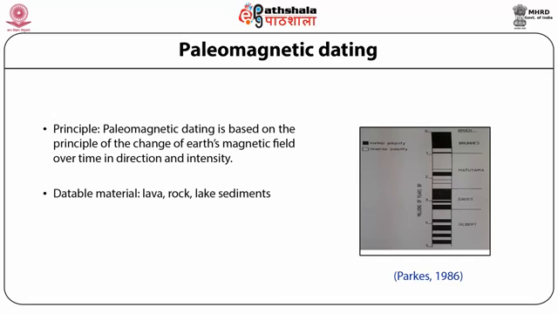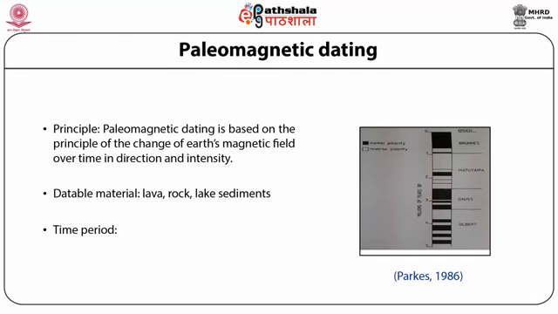These changes are recorded in lava, rocks, lake sediment, etc. Geomagnetic polarity was normal between 0.5 and 1 million years ago, and reversed between 0.5 and 2.5 million years ago, and before 3.4 million years ago.